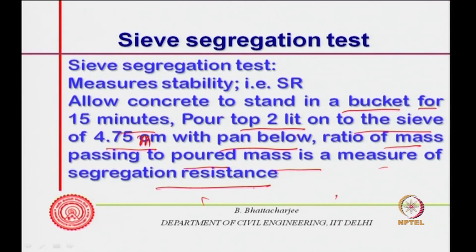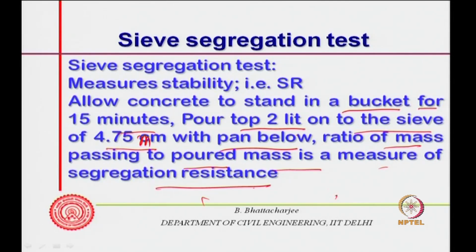Now, if there were segregation, for example, if the water is coming out and the solids or larger particles go down below, then the quantity passing through this sieve will be very large. If even the finer solid is separating out along with water, taking out the finer material too much, then most of it will pass through the 4.75 mm sieve.